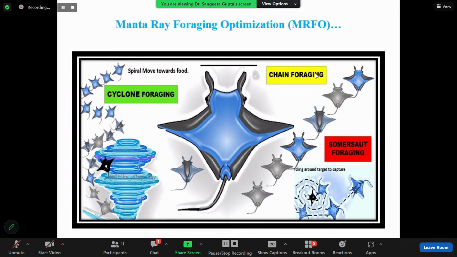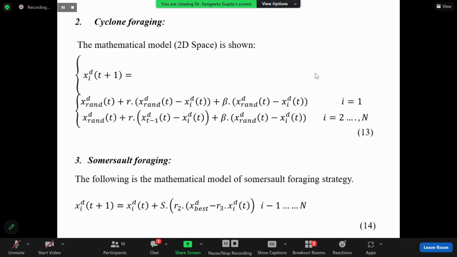In somersault foraging, when the Manta Rays find the food source, they circle around the target, meaning the plankton, and this strategy is random and contains cyclical movement, and each individual swims to a new position. The update is done around the base solution found, and there are equations which you can see in this one.